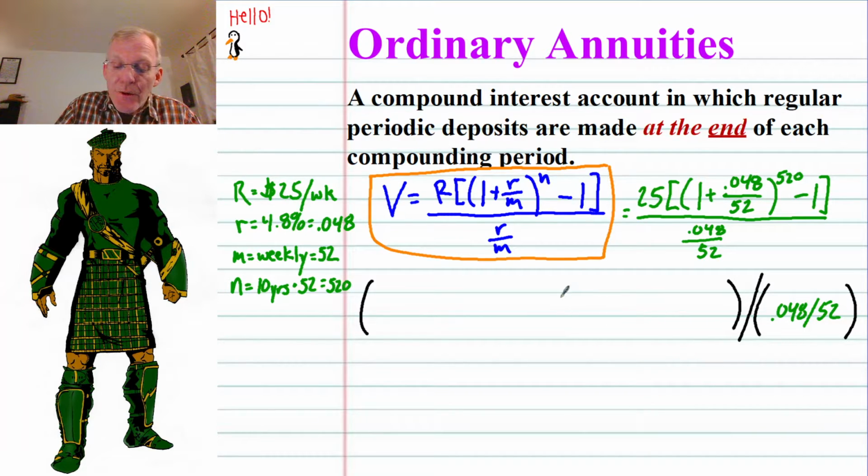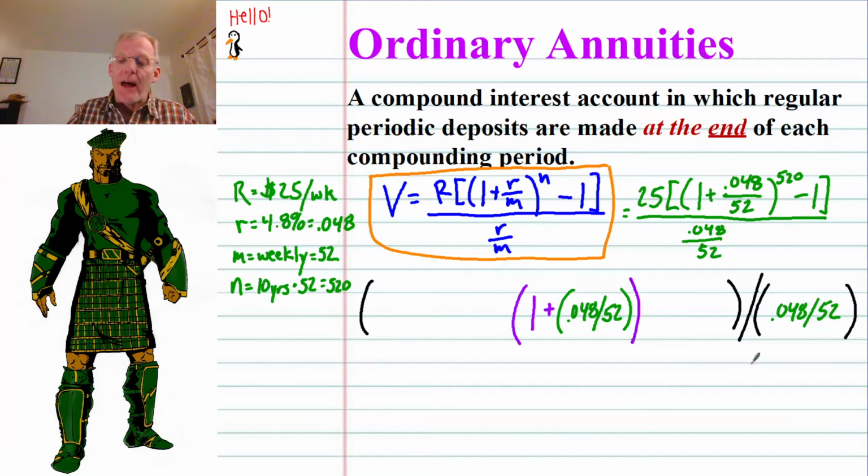So we parenthesize 0.048 divided by 52, then add the 1 to it. We group all of that before we raise it to the 520th power. And then all of that, we need to subtract 1, so parentheses again, minus 1.